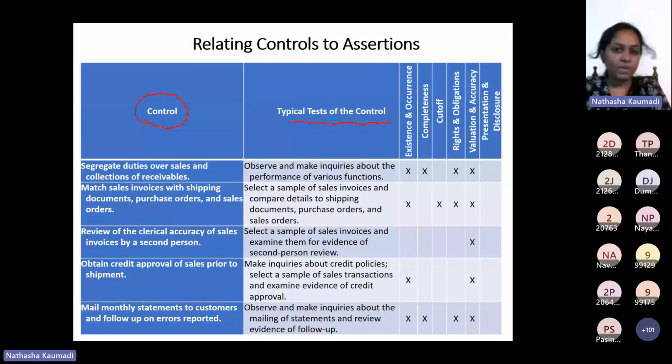When that manager is performing that control, he or she will put a signature, maybe with a small note, credit limit checked, signature. In a physical environment, right? Nowadays all these things are happening systematically.